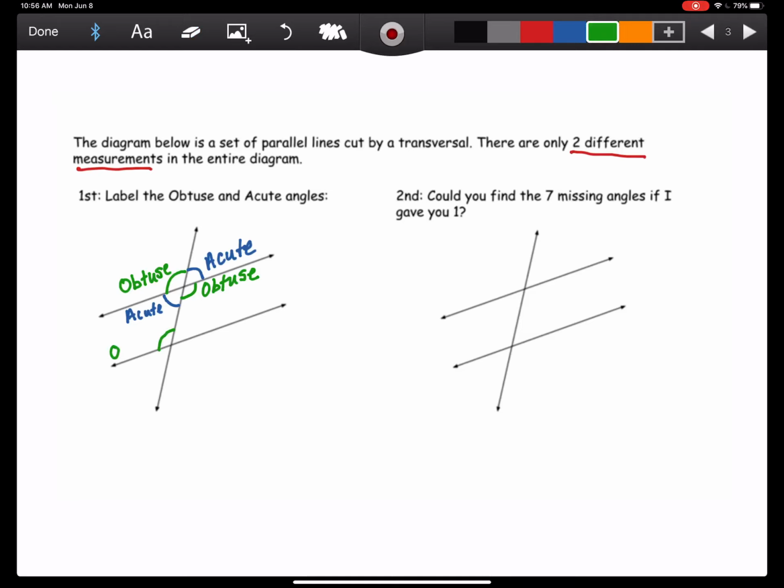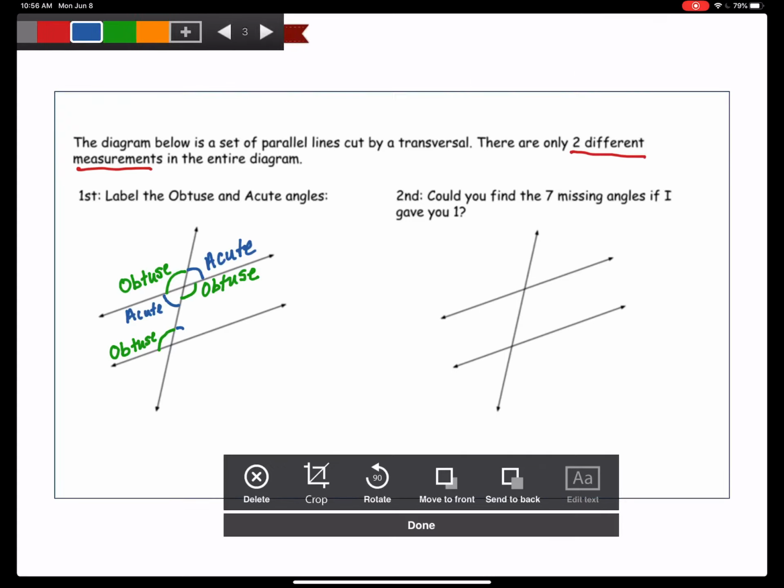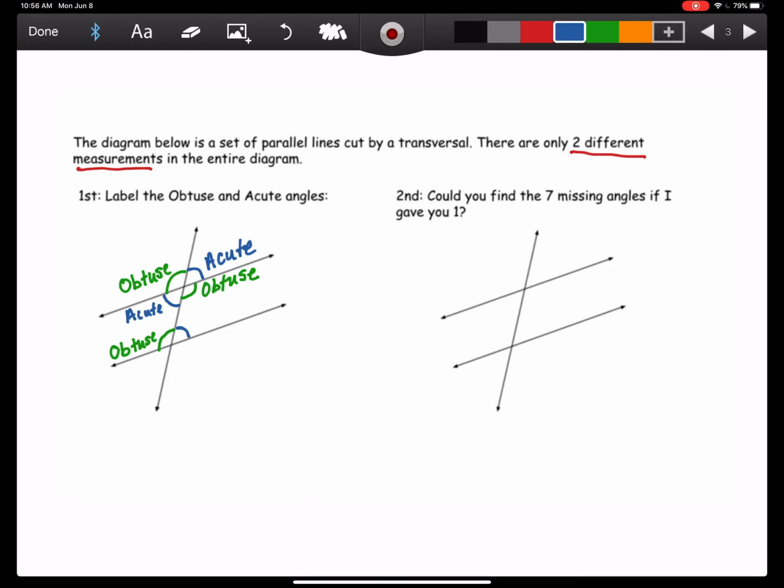See the diagonal relationship? There's an acute angle over here. There's one more acute angle here. And the last obtuse angle is over here. Now just a review, obtuse is greater than 90 degrees and acute is less than 90 degrees.